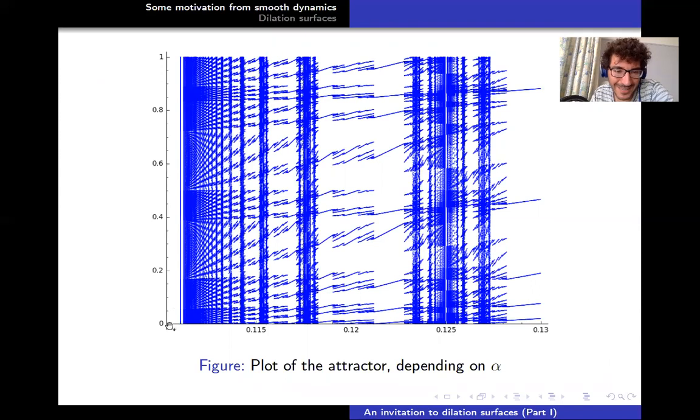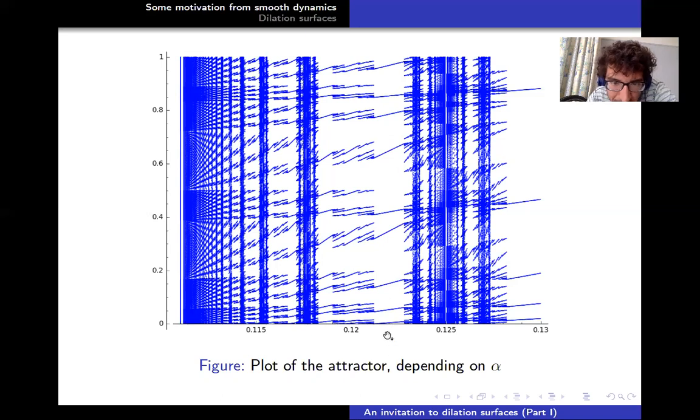On the x-axis, I've got alpha, the parameter, and on the y-axis, I fix alpha and take the set of accumulation points of a typical orbit. For instance, if I take this parameter here at 0.12, I see what seems to be a rather long periodic orbit. I have a shorter one here, for instance.